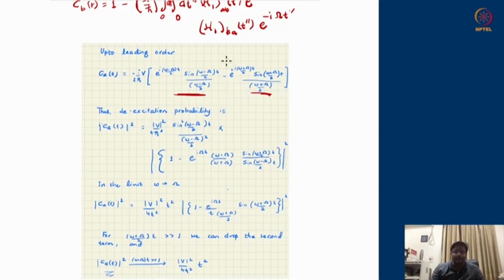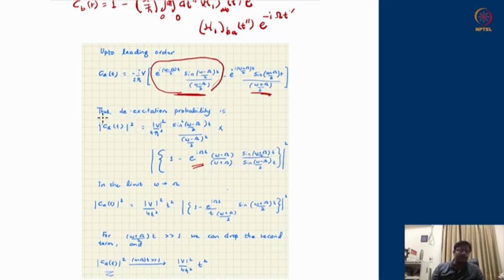Now what I can do, from the square bracket, I can just pull out the first term. Then inside the bracket, I will be left with 1 minus the ratio of the second term upon the first term. That ratio simplifies various things. So you will get just e to the power plus I omega t and then the ratio of the summation of frequency to the difference of the frequency and the two sine functions you will get inside.